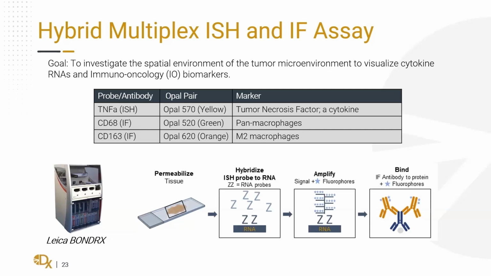The staining was performed on the Leica Bond RX automated stainer using an optimized protocol developed by Lantern DX. And like previously discussed, the multispectral whole slide imaging was performed on PhenoImager Fusion, and phenotyping analysis was performed using the Visiopharm software.